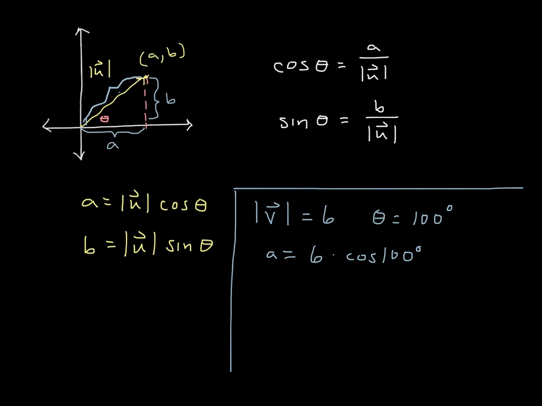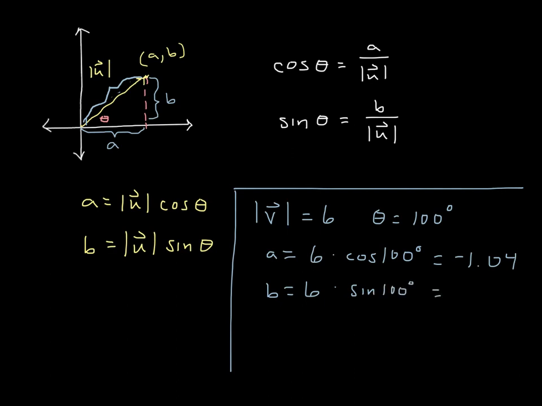And so again, making sure your calculator is in degree mode, I put that into my calculator and it comes out to be equal to negative 1.04. I'll just take it to 2 decimal places. And I know B, that vertical component, is going to be 6 times the sine of 100 degrees.